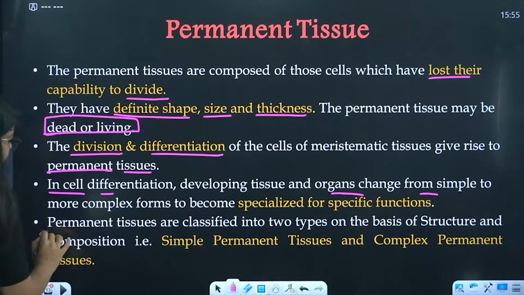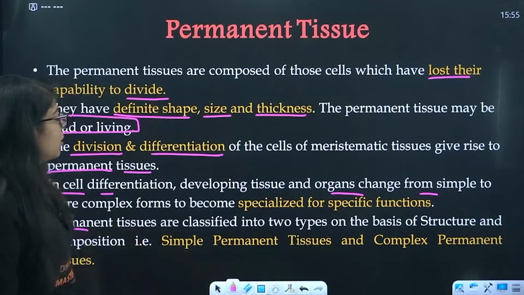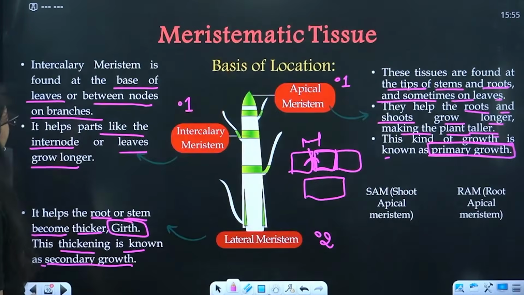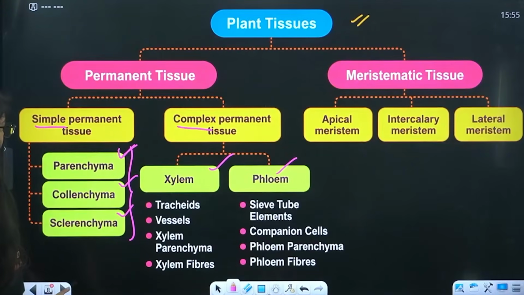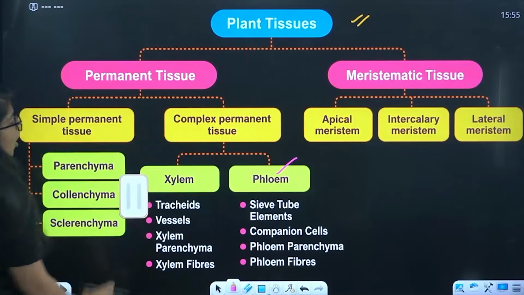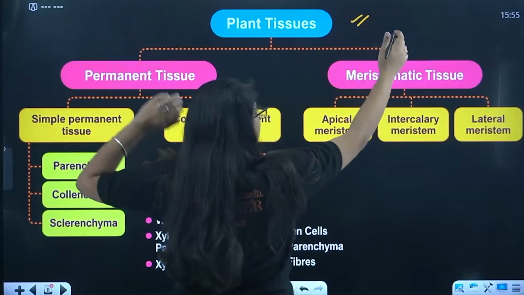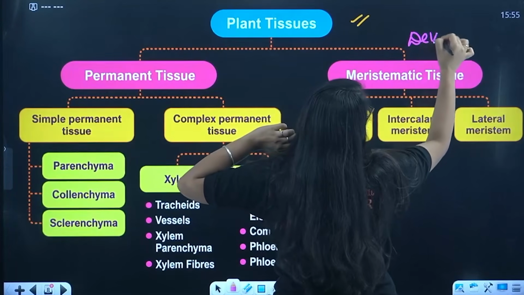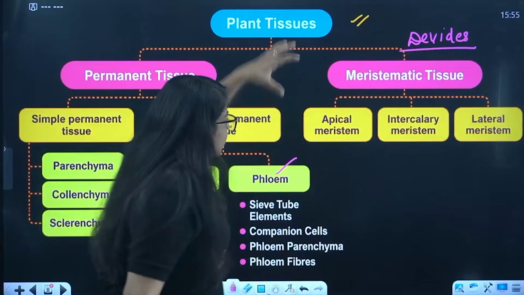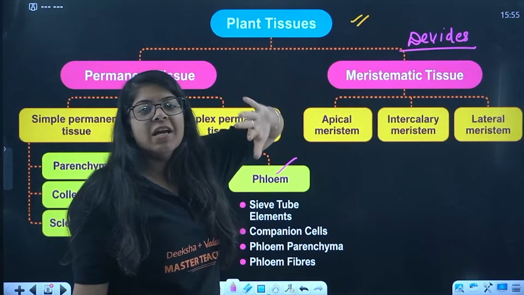Now, permanent tissues are classified into two types on the basis of structure and composition: simple permanent and complex permanent. Remember, meristematic tissue is the one in which cells divide, because it generates growth. Growth through that diagram.